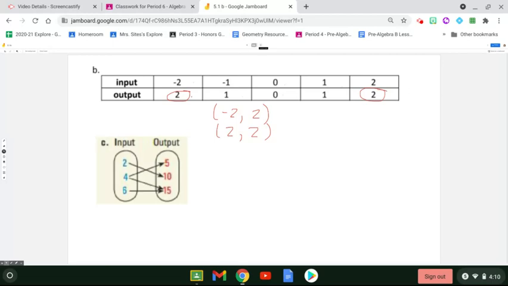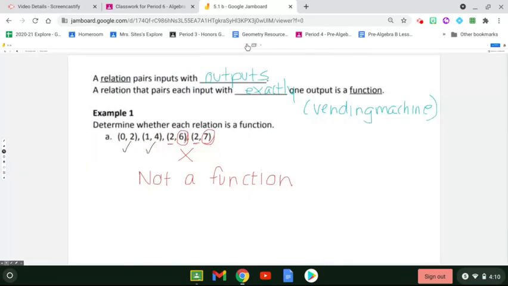This would be like the situation in the vending machine where you have multiple rows of peanut M&Ms because they're so popular, okay? It's not like we're shaking the machine and getting more than one outcome, okay? That happened in this situation right here, okay?